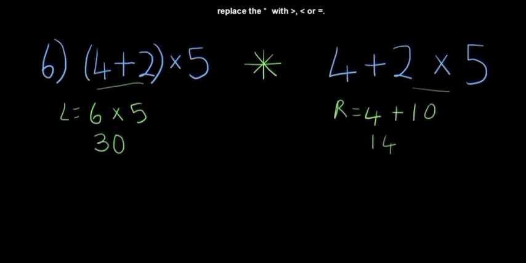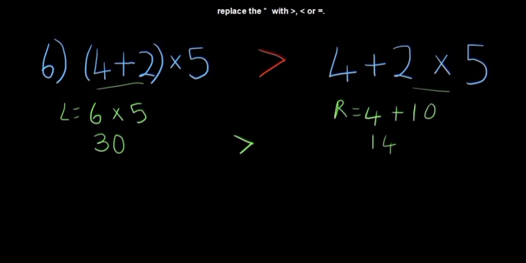Now our job is easier. So all we have to do is to compare the 30 and the 14. So we know that 30 is greater than a 14. So that means the left hand side is greater than the right hand side.